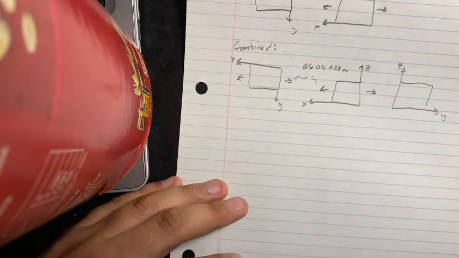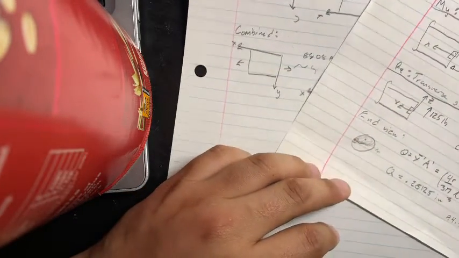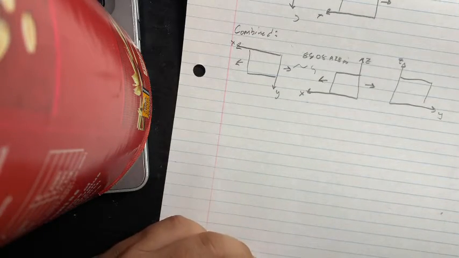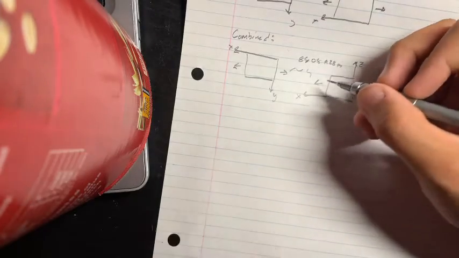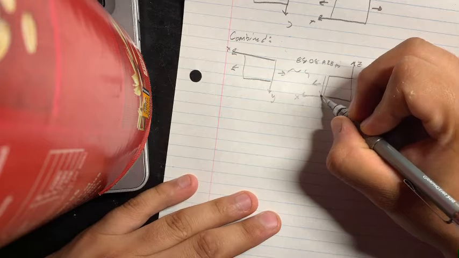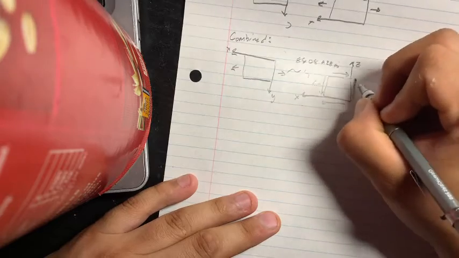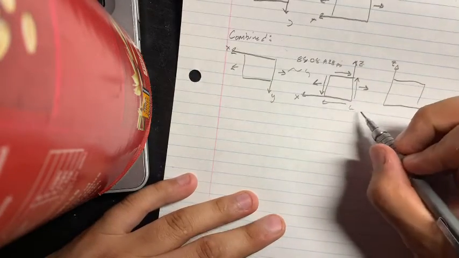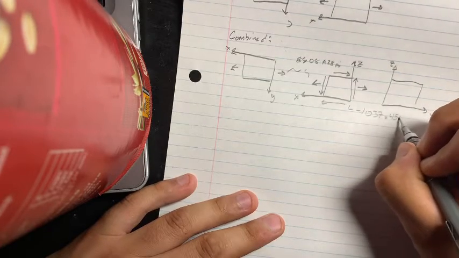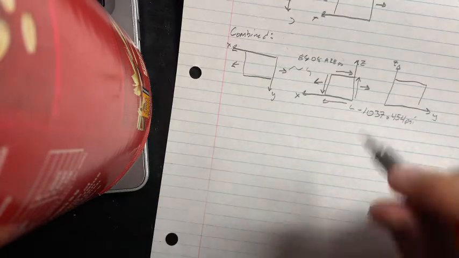And then there's also a transverse shear occurring on the XZ plane. After adding everything up, that will equal, as you can see here, a negative value of 37.454 psi.